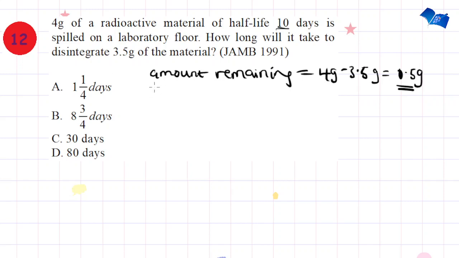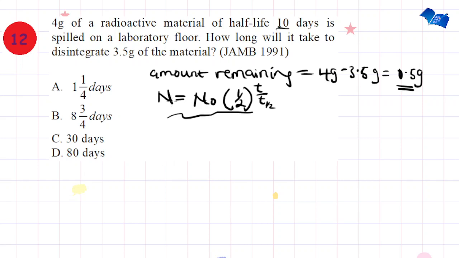Many people prefer using the relation, but I do not advise it because it's very, very long. But we have that the amount remaining should give us the initial amount times 1/2 raised to power t divided by t half, which is the half-life. Okay, this is one relation.